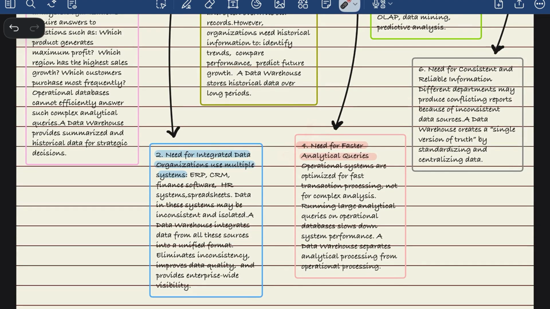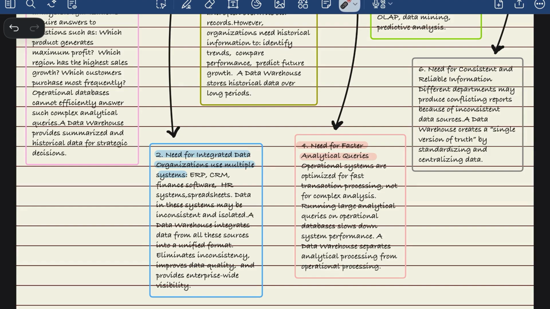Fourth need, for faster analytical processing. Imagine running a heavy query to calculate a 5-year average while a customer is trying to book a live ticket on an airline website. The system will freeze, the app will crash. By moving the analytics to a separate data warehouse, heavy queries run in seconds.